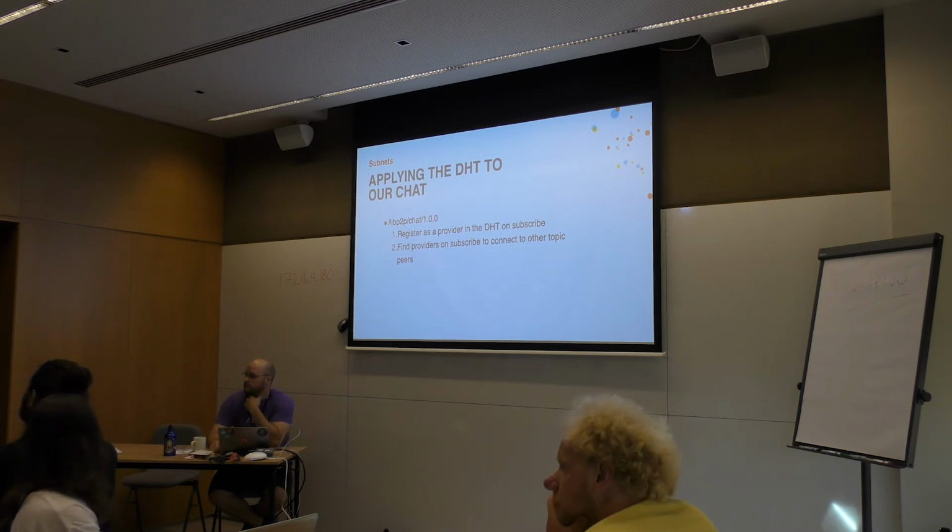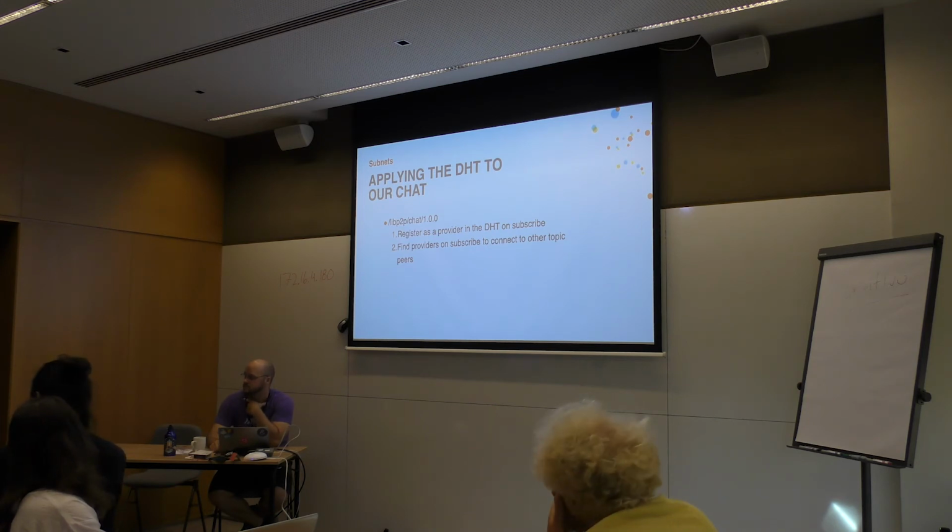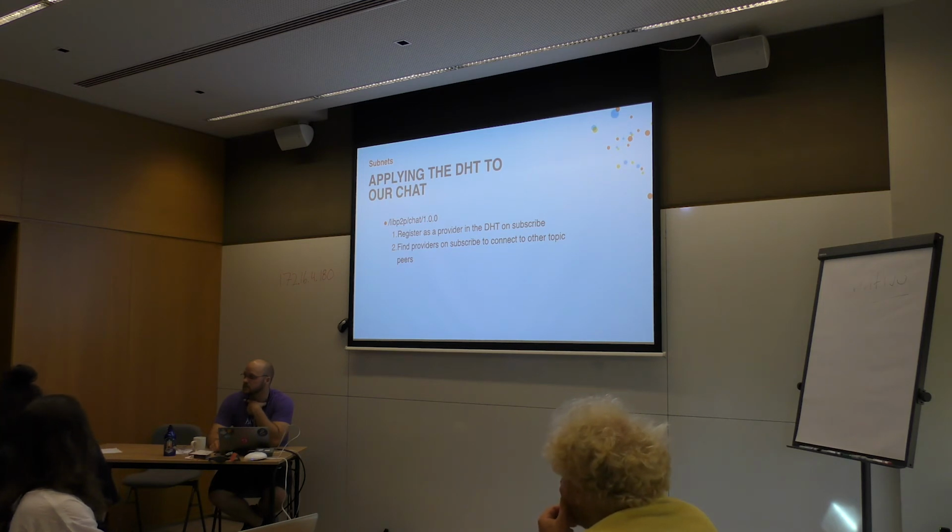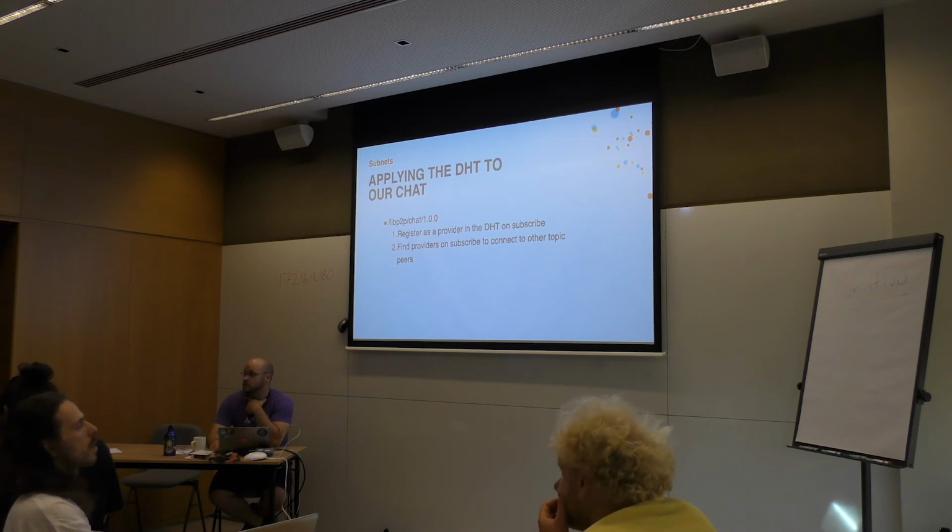Another question about this approach of using a DHT to find people interested in a topic. I don't really understand why I have to go to the DHT. Isn't that exactly what Gossip Sub is supposed to do for me? I say I have a topic, I want to communicate with only people that are interested in this topic. It should do that, right? It's getting to the peers on the network.